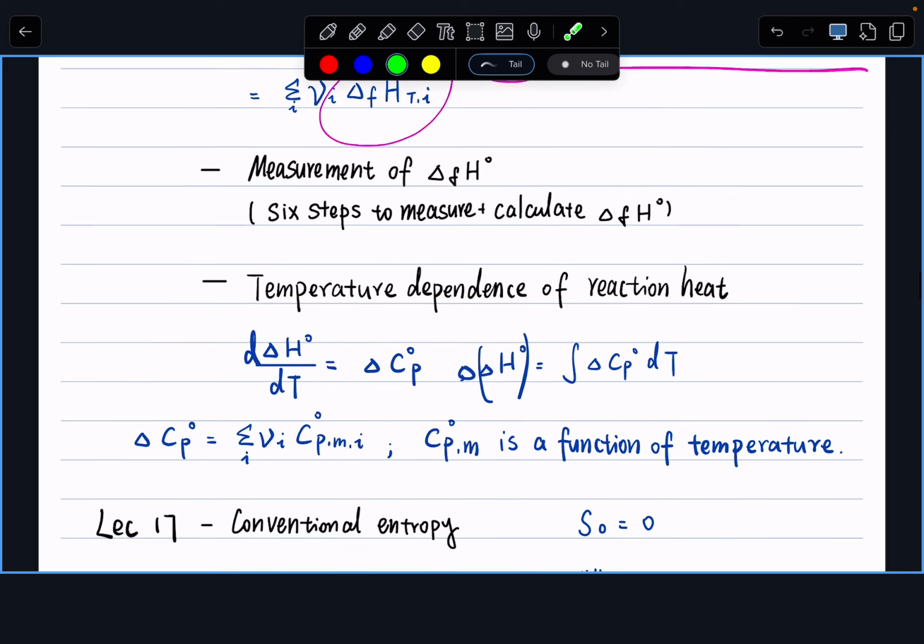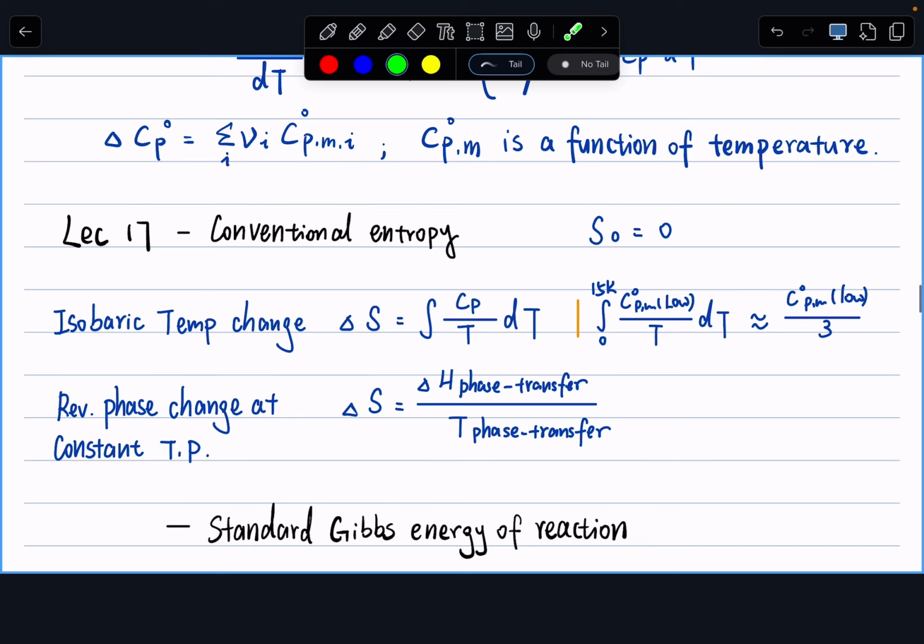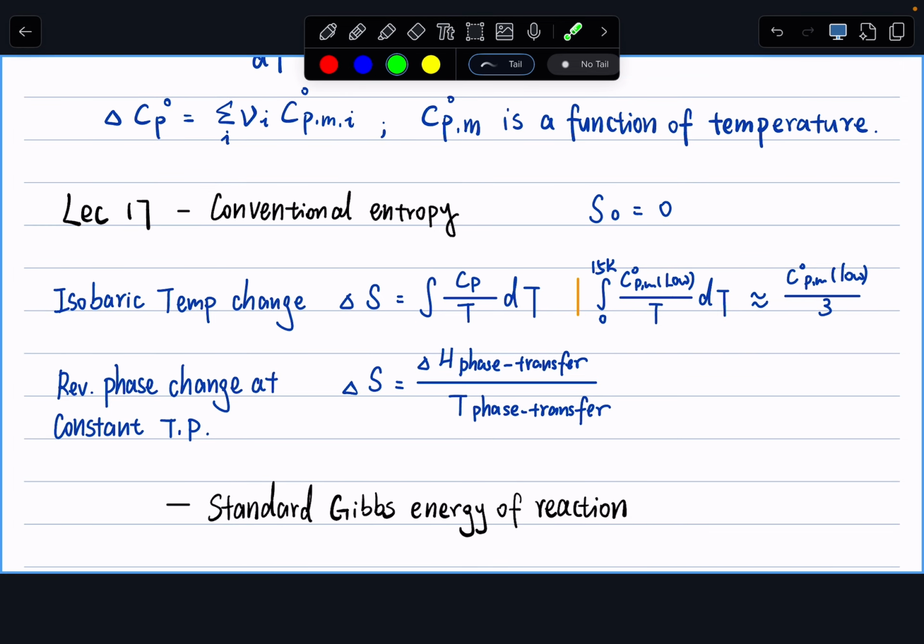Then in chapter 5, we also introduce conventional entropy. And in this case, we start by looking at the third law of thermodynamics, and an arbitrary statement. So the arbitrary statement is imagine you have a condensed phase species that's at 0K, and it's in internal equilibrium with each other.